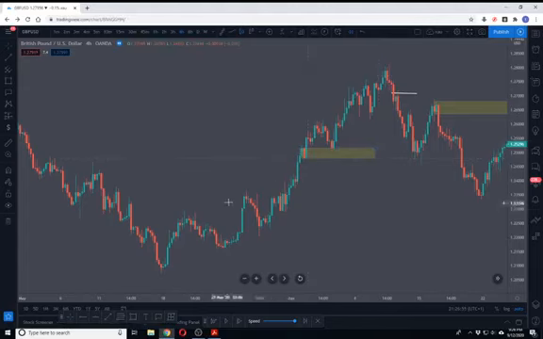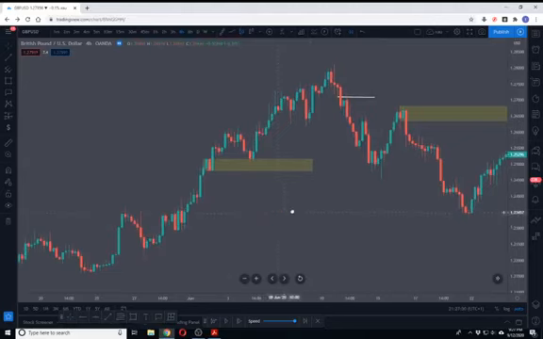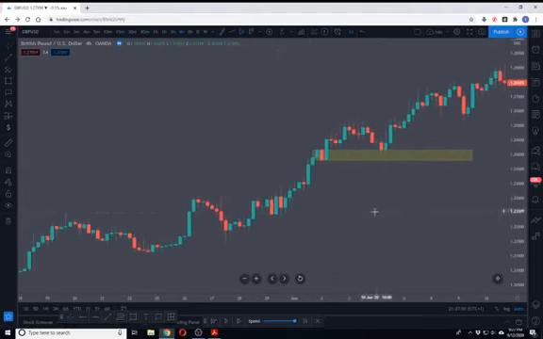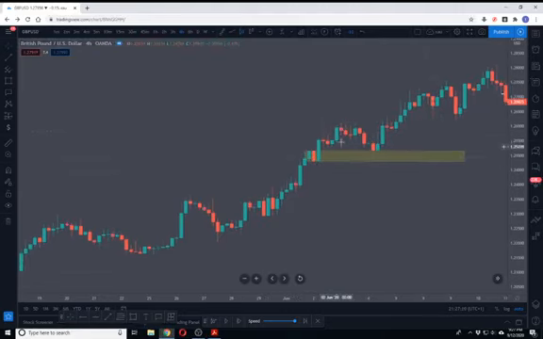That would be your order block, or your supply or demand zone. So just an example of a bullish order block would be a bearish candle, and then price moves up higher and eventually it comes back into that candle and then reacts off of it. So that would be a bullish order block, or you could call it a demand zone.